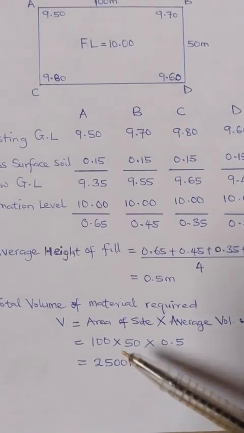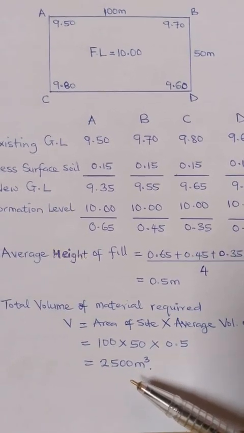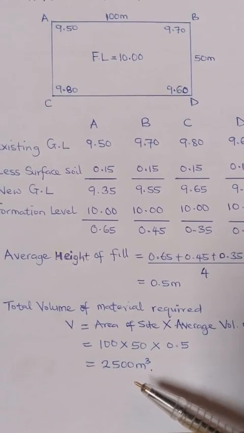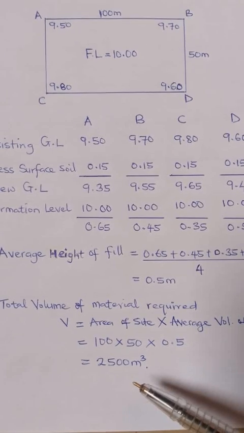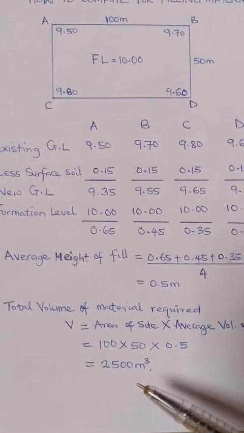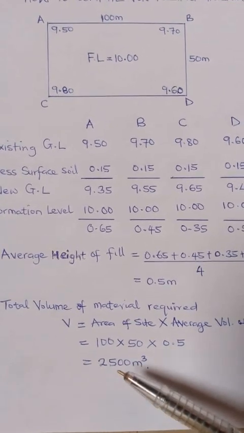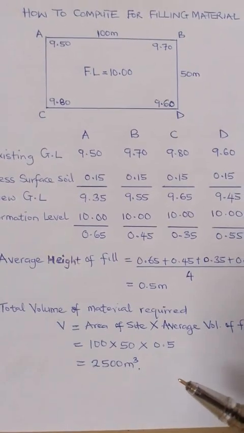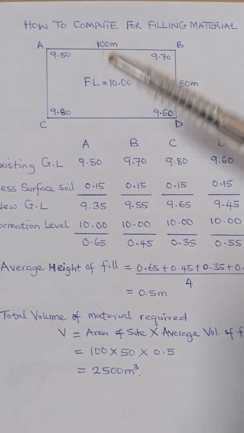Then you divide this by the volume of one truck, depending on the capacity of the truck in terms of the carrying capacity. You divide this by that volume of the truck. That will give you the number of trucks that will be required to fill this area.